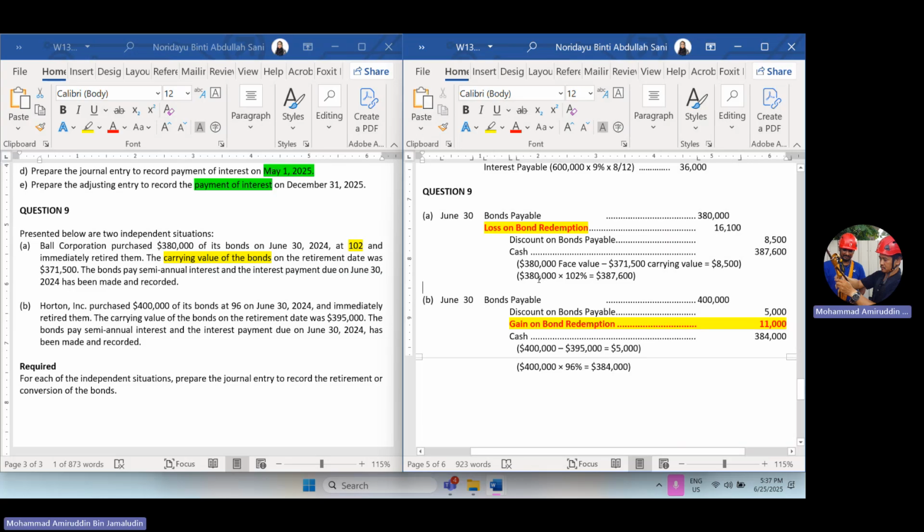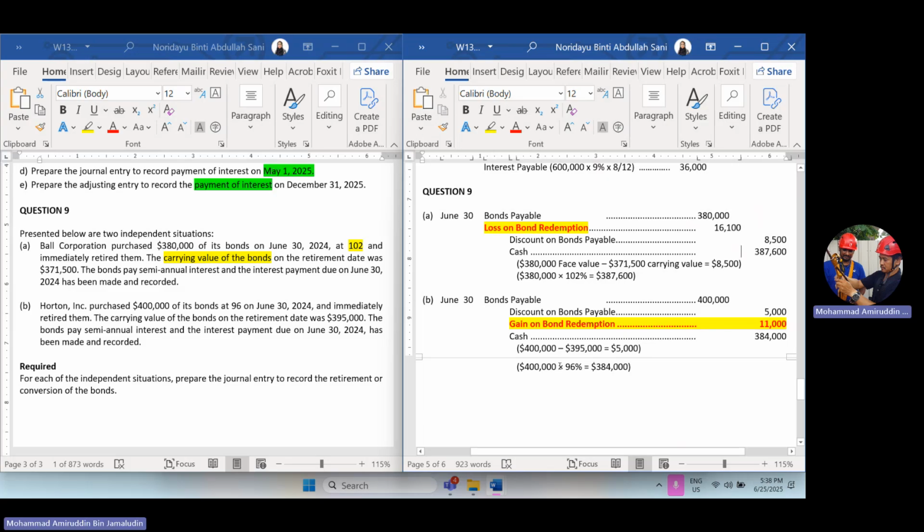So the amount that I should pay, 380,000 multiply 102%, 387,600. So this one we computed, and then we minus the face value. That's a difference. Like here, in the double entry, my credit is more than debit. So if you have debit lesser than credit, you have loss on bond redemption.